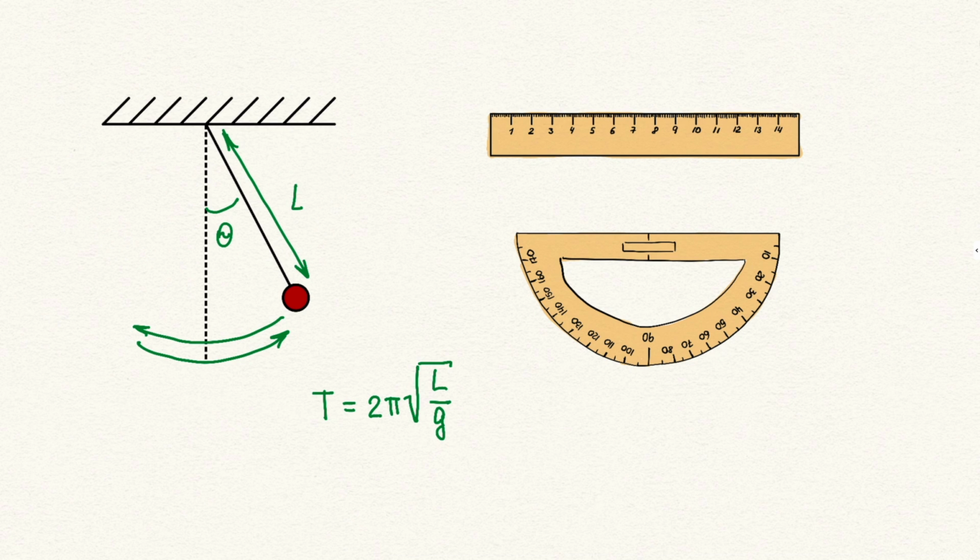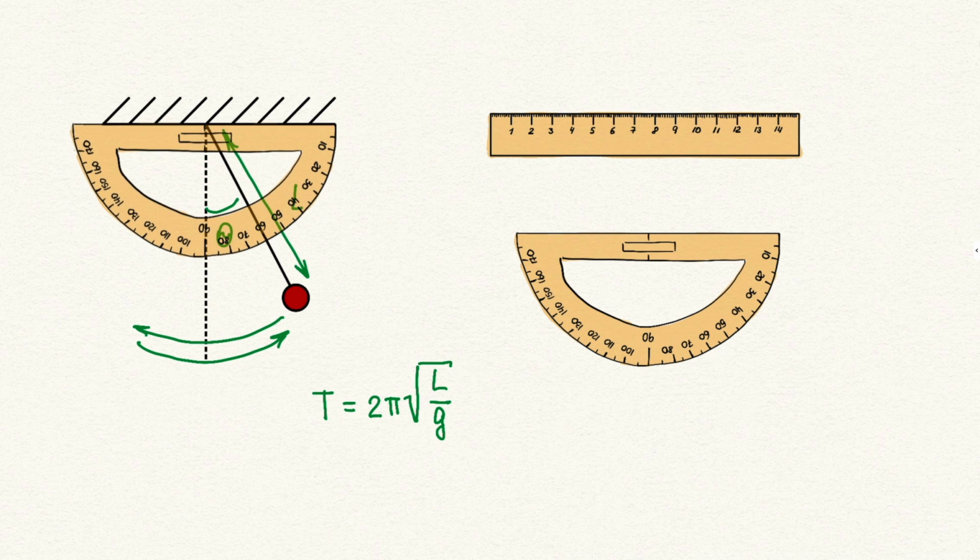So for that, you will move your pendulum to a small angle, and you will measure this angle using a protractor. In this case, you can see that I'm using an angle of 30 degrees. We'll time 10 periods of our pendulum, and we will perform this measurement 5 times.